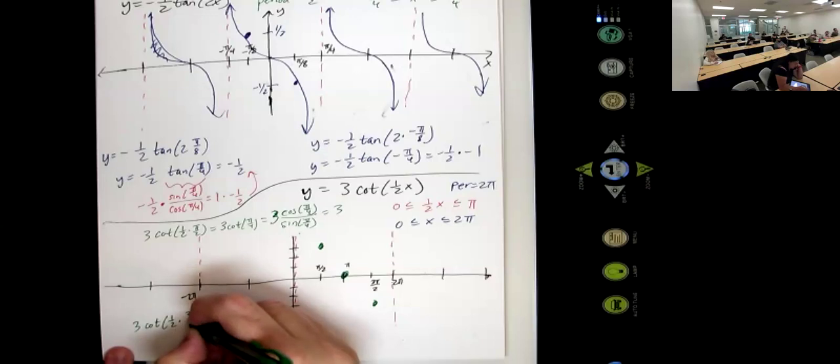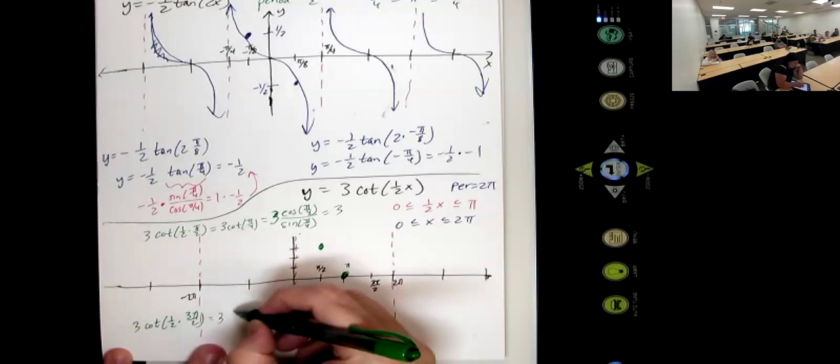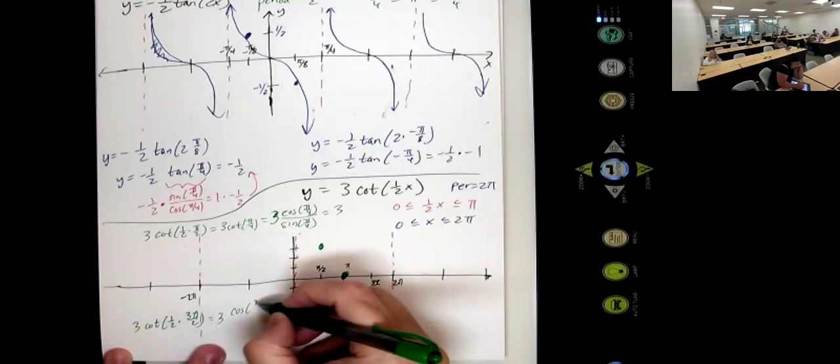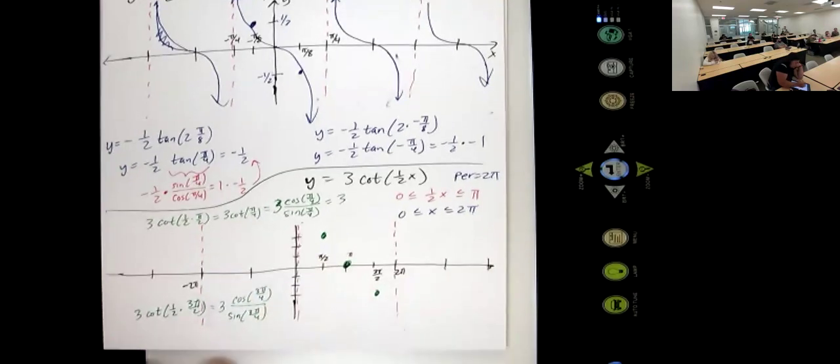Plug in 3 pi over 2. And we get 3, I'm going to write it in cosine and sine right away, cosine of 3 pi over 4 over sine of 3 pi over 4. These are also root 2 over 2, but cosine is negative there.